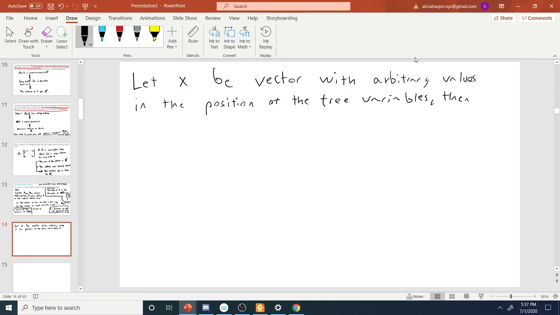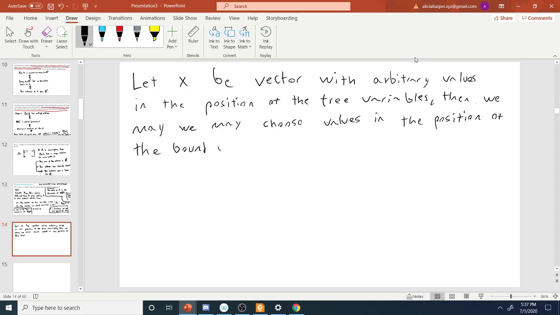Then we may choose values in the positions of the bound variables to ensure ARRE times x is equal to the 0 vector.